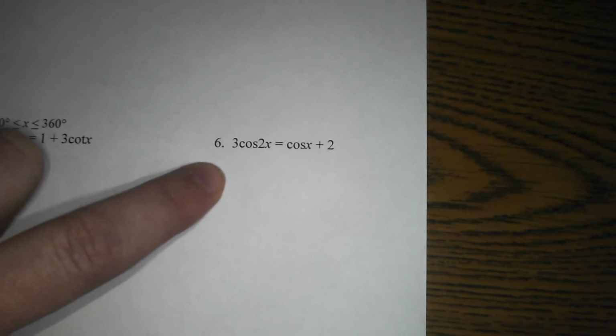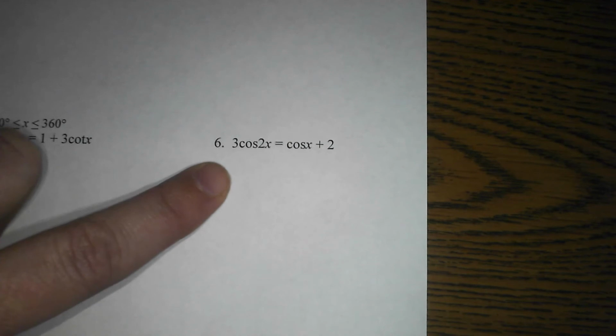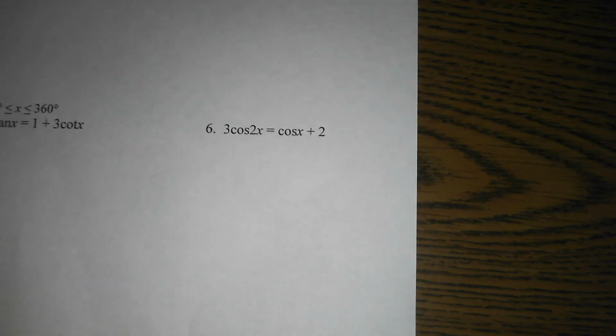Number 6. Thoughts? Okay, Maddie said subtract cos of x. Andrew, what'd you say? Double angle. If you see cosine of 2x or sine of 2x, double angle. Okay?